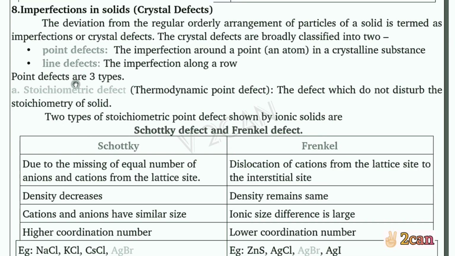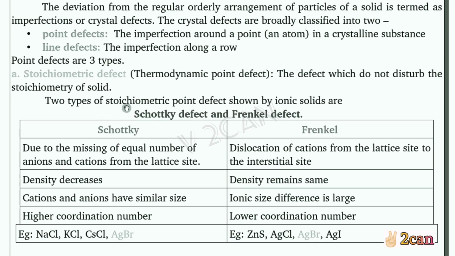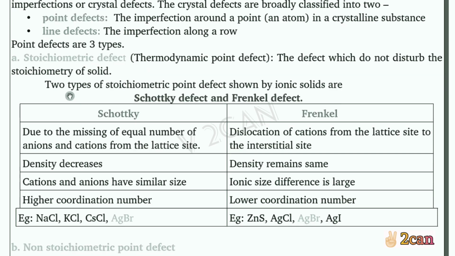The point defects are of three types. Stoichiometric defect, which is also known as thermodynamic point defect. The defect which does not disturb the stoichiometry of the solid. The stoichiometric point defect is again divided into two types: Schottky defect and Frenkel defect.